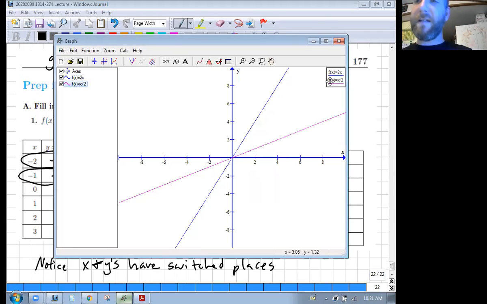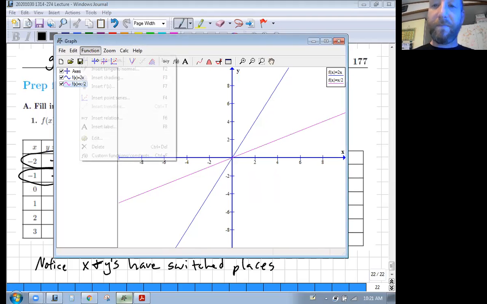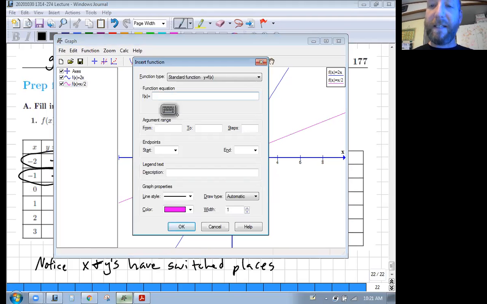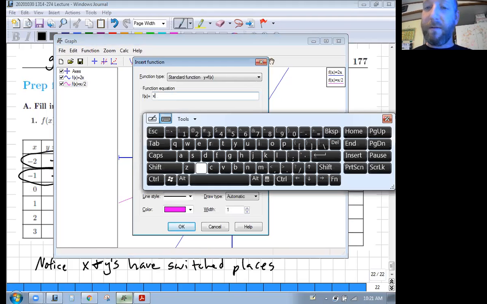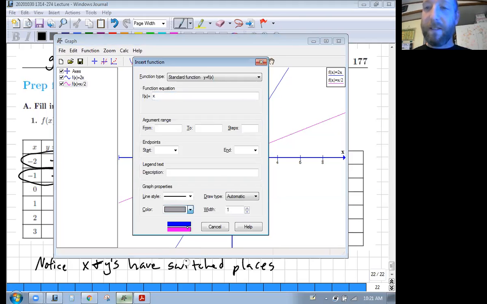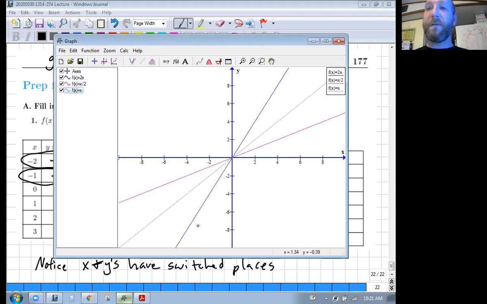Notice 2x has a slope of 2, whereas x over 2 has a slope of 1/2. Now look at this function, f of x equals x. That's just the diagonal. If you have a function, the graph of its inverse is just going to be a reflection over the diagonal.